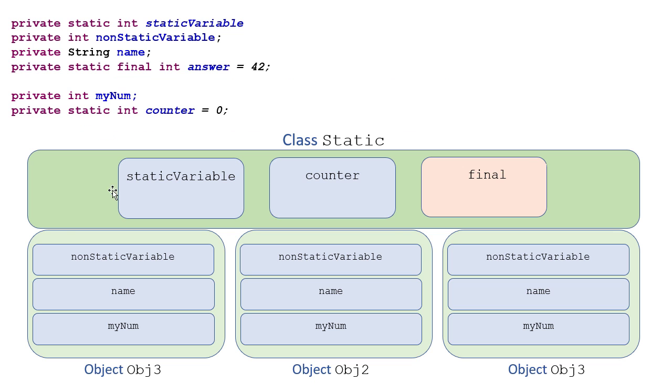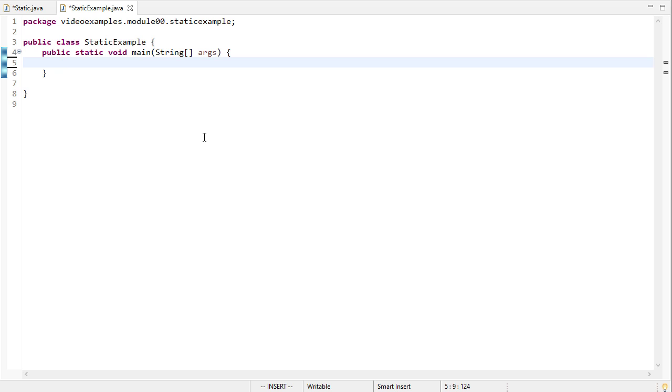So here's essentially what that will look like. We have static variable, counter, and final that are static variables. Those are shared by every object of the class. And then each object has three additional attributes that are non-static: non-static variable, name, and my num. So let's create two objects of the static class.